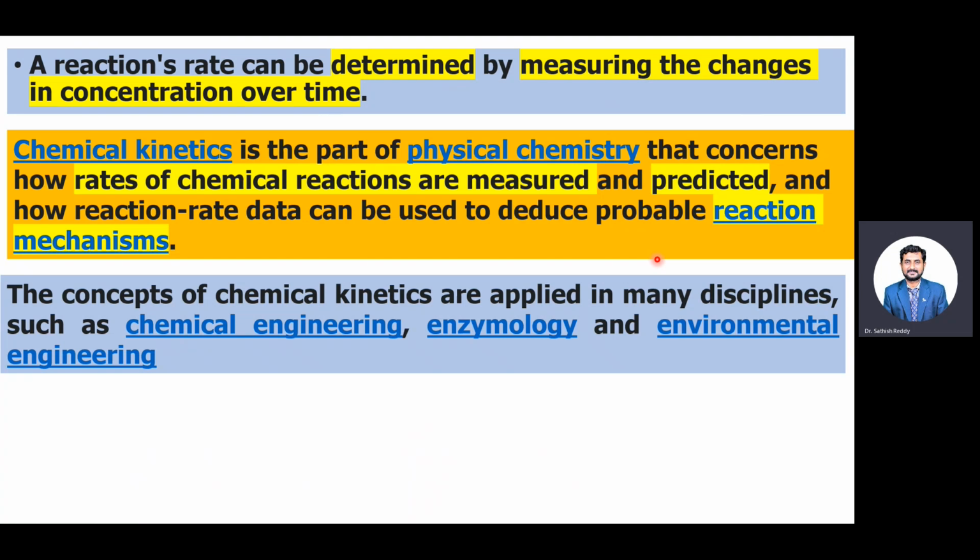To predict the probable reaction mechanism, we are measuring the rate of chemical reactions. What is the probable mechanism? How does the reaction take place?